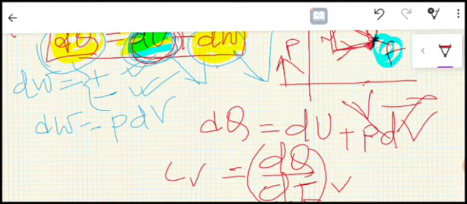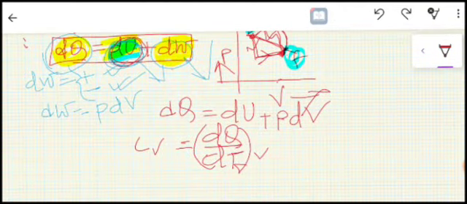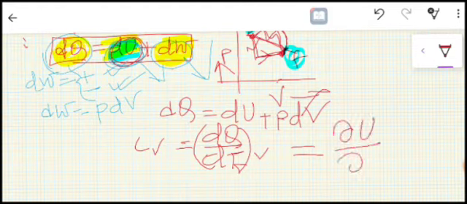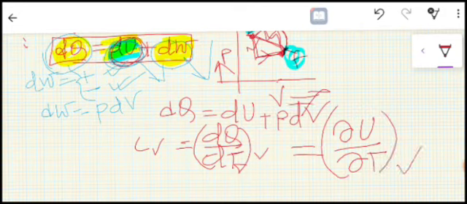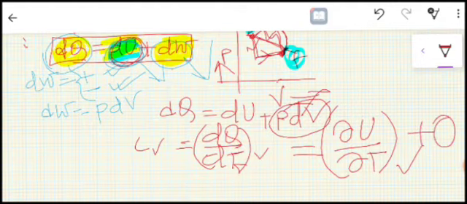Now, to calculate this, we have to differentiate this partially with respect to T at constant V. Partially differentiating this, we get del U del T at constant V, and at constant V this term will vanish, so there will be 0.